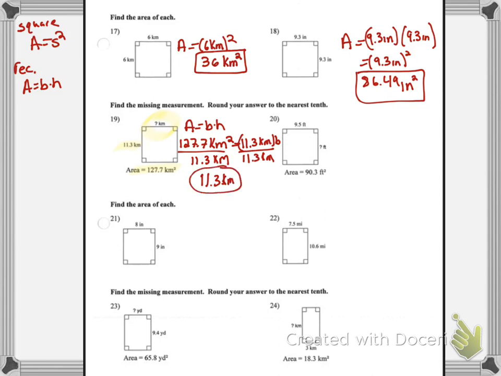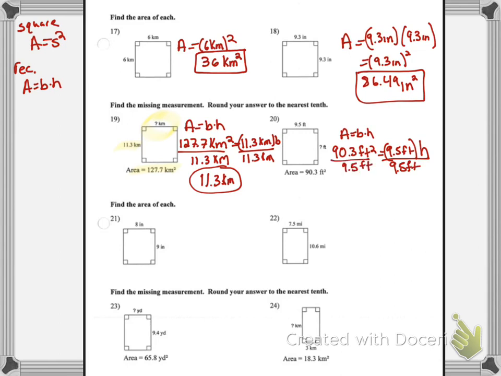Over here, we have the same situation. We need to find our missing height. So we have area equals base times height. You know your area is 90.3 feet squared equals 9.5 feet times my height. So we're going to take 90.3 and divide it by 9.5, and divide the 9.5 feet.